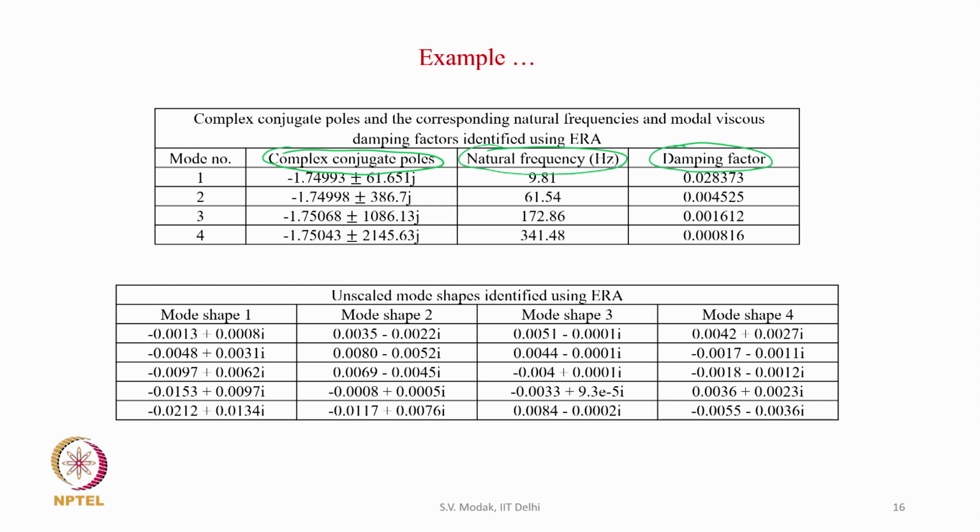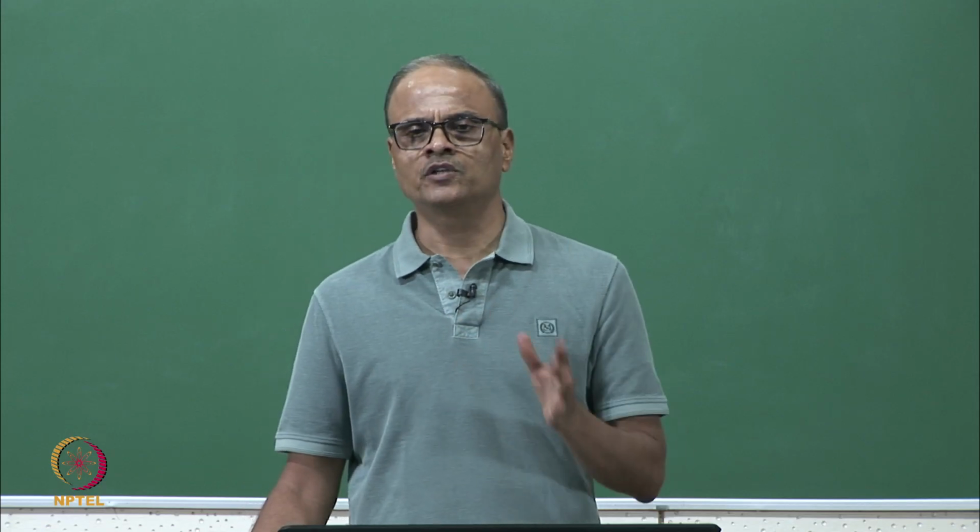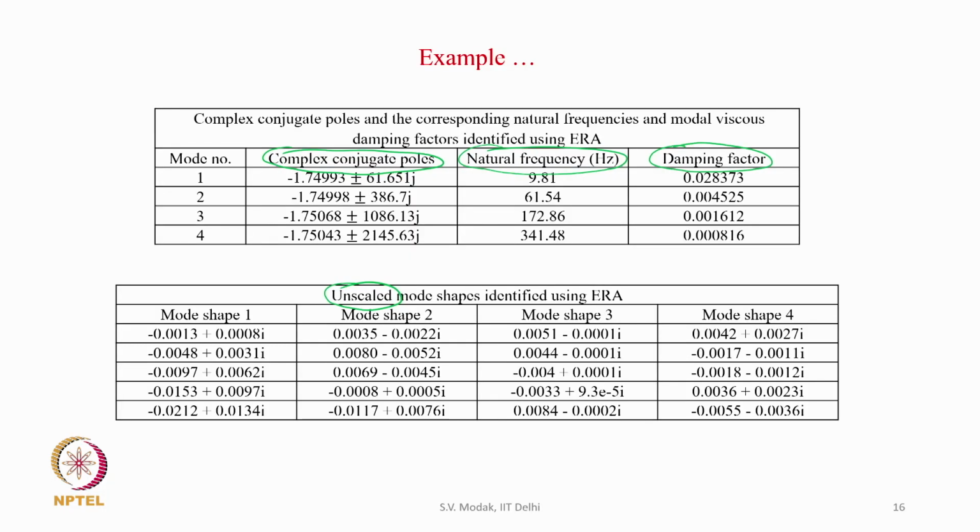We also get the mode shapes corresponding to these poles, shown in this table. These mode shapes are unscaled, not mass normalized. That is because the excitation applied was not a unit impulse, so the scaling of the mode shapes cannot be realized through estimation. There is an unknown arbitrary scaling factor associated with the modes obtained.